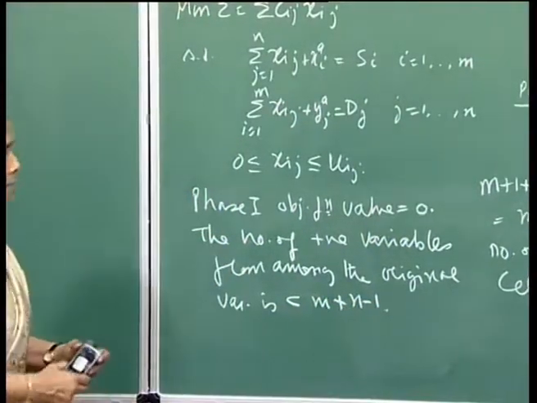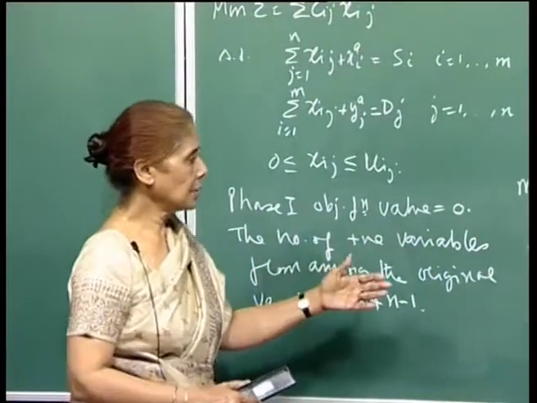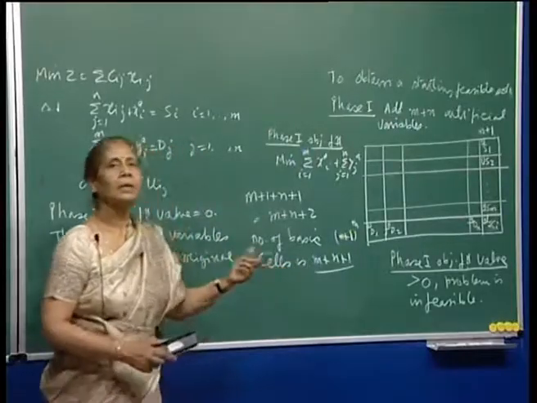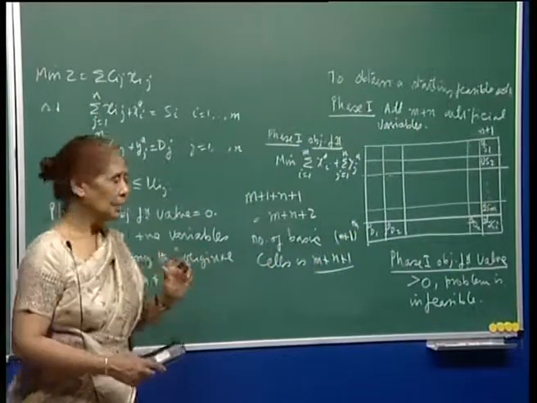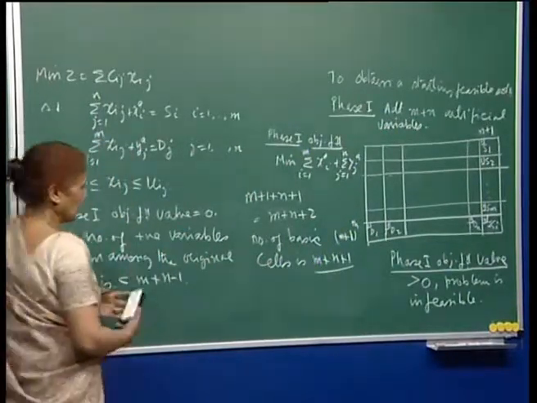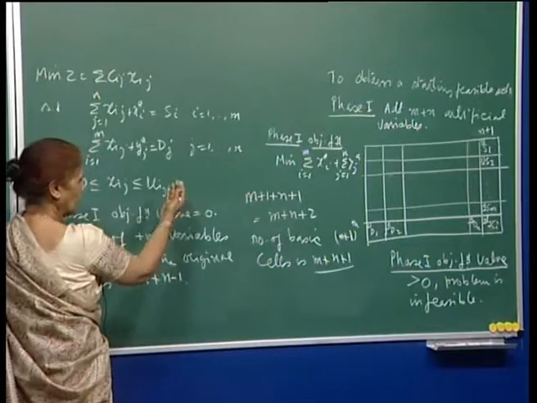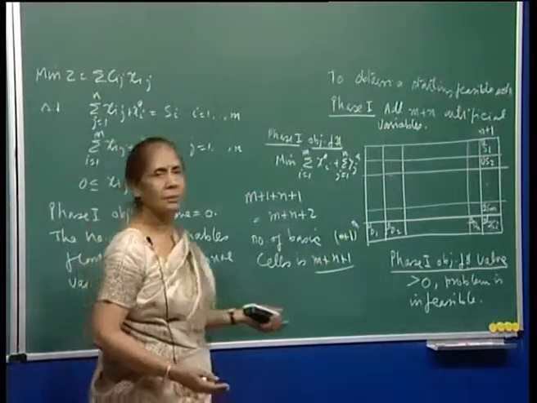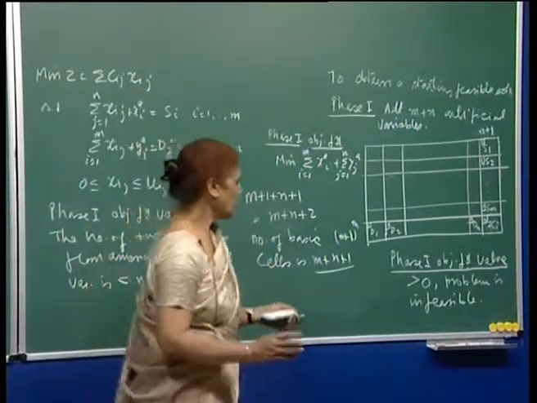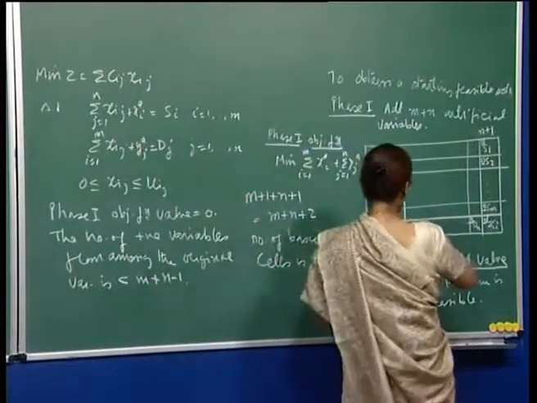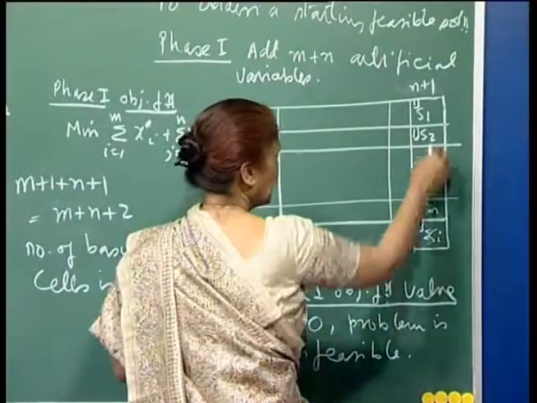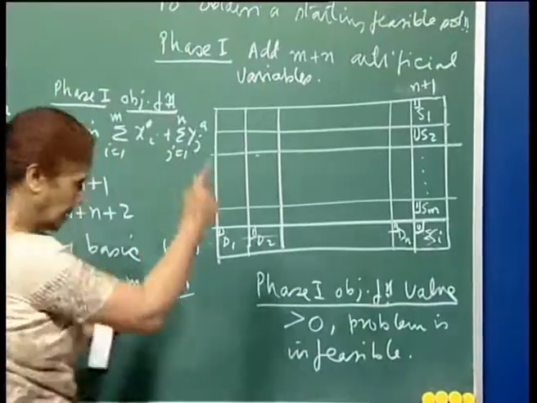That means, because there may be some artificial variables in the basis at 0 level, right, because the value of the objective function is 0. So, artificial variables, if they are in the basis, will be at 0 level. So, we will drop those artificial variables, we will drop this row and this row and this column.